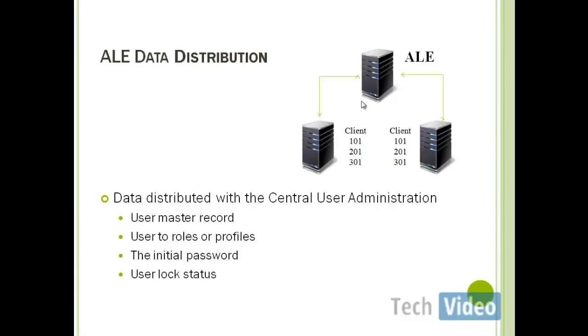That means you need to centrally manage the user administration and the role assignment, but the authorization data and role development needs to be transported, so that this can be different in each system. However, we can assign the roles to the user master using the CUA.